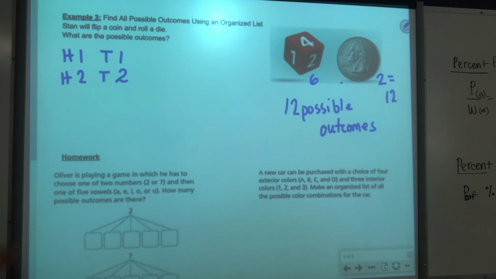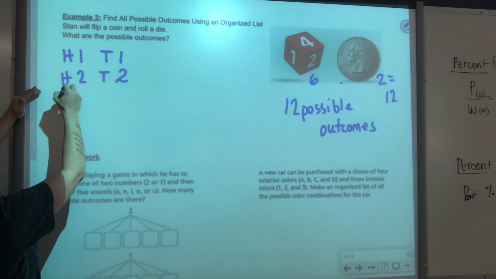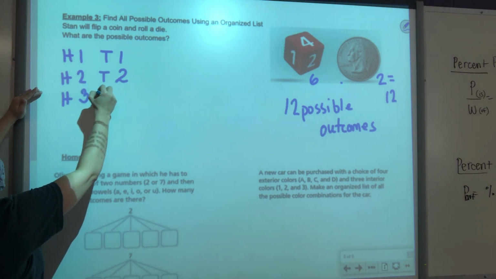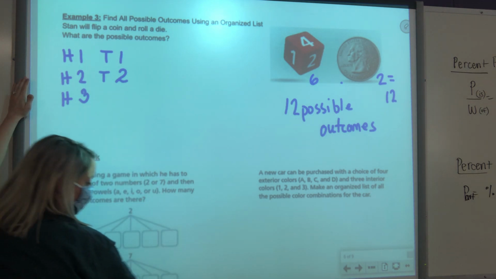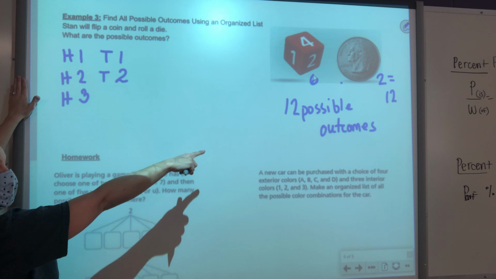Okay? So this organized list gives you the possible outcomes of each event. And we know there should be how many possible outcomes? 12.